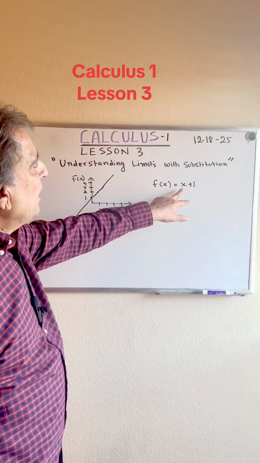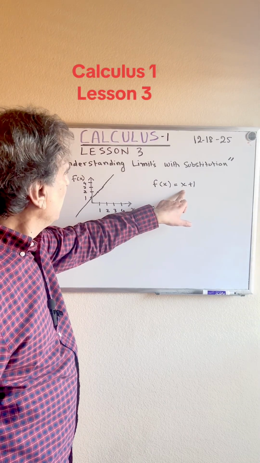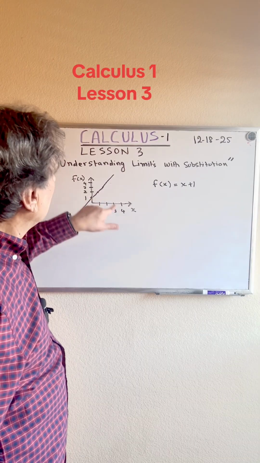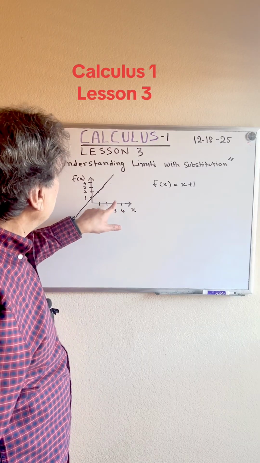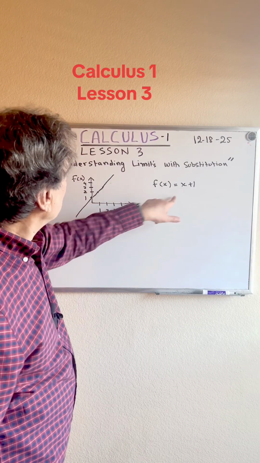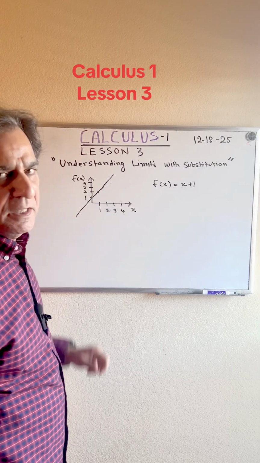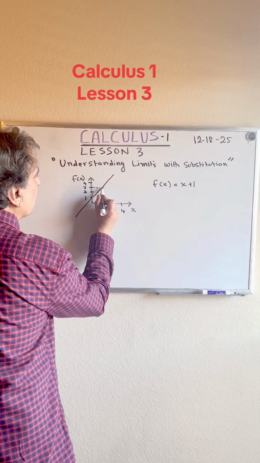If you change the values of x in here, if you make x equal to 1, obviously you're going to have function of x equal to 2. If x is equal to 2, you will meet at 3. So this point right here, that's what I'm talking about.